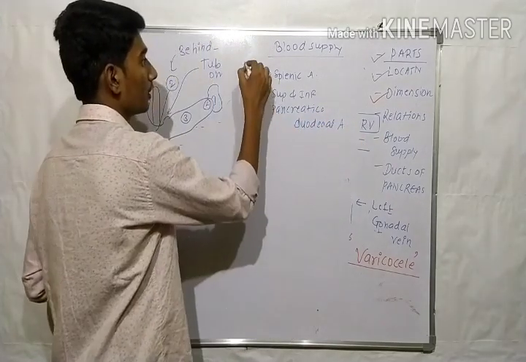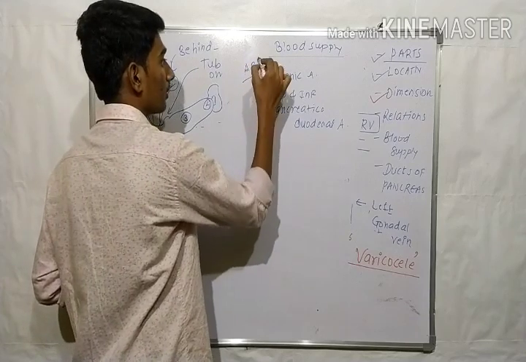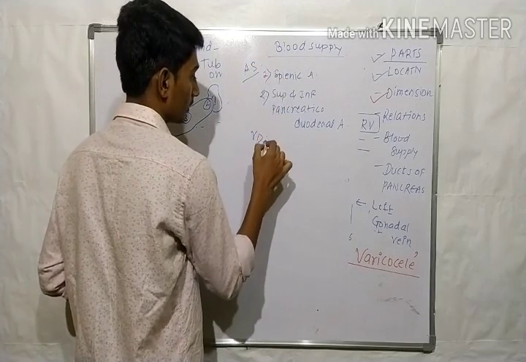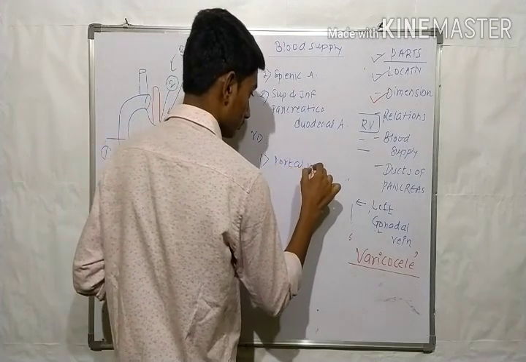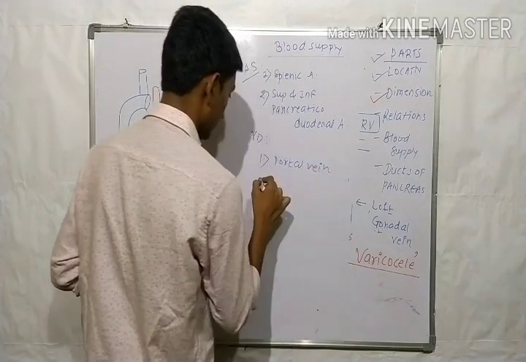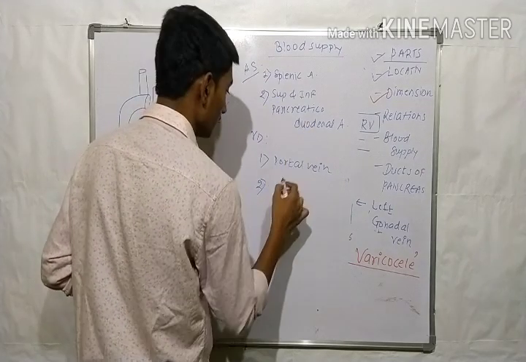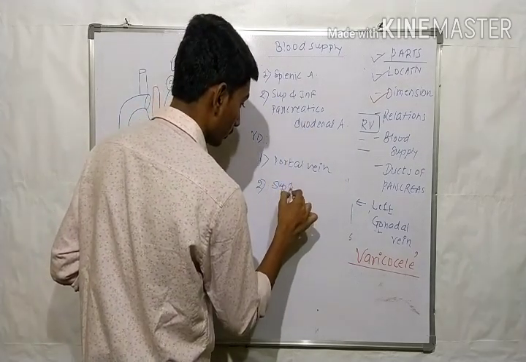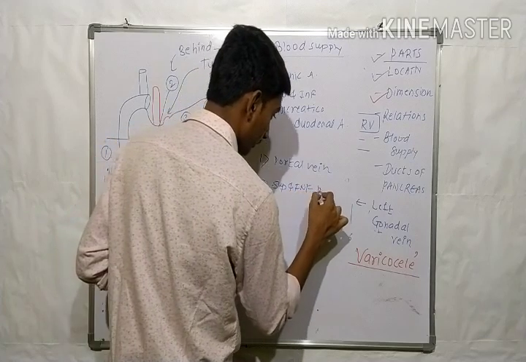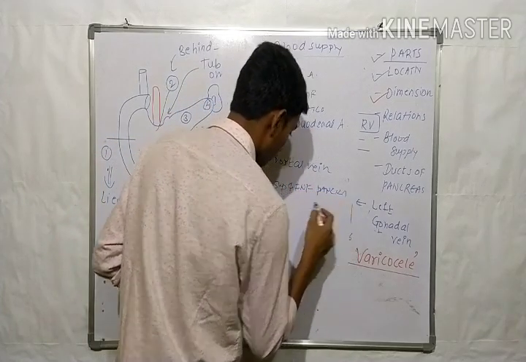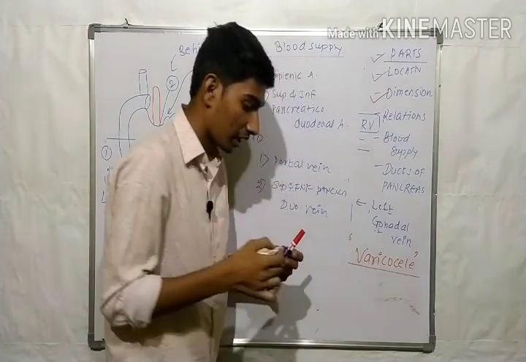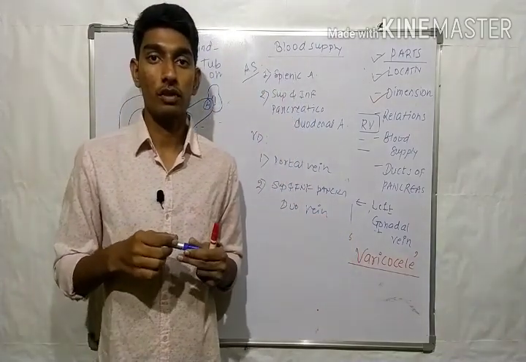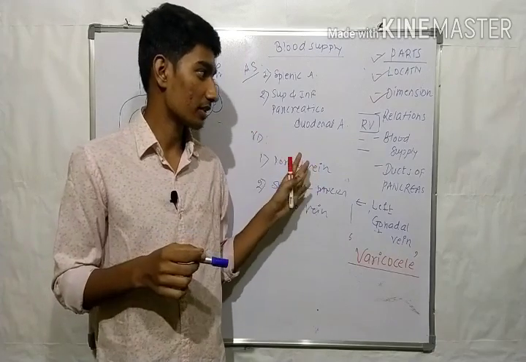This is about the arterial supply. Now venous drainage: portal vein, and second, the superior and inferior pancreaticoduodenal vein. This is regarding the blood supply of the pancreas.